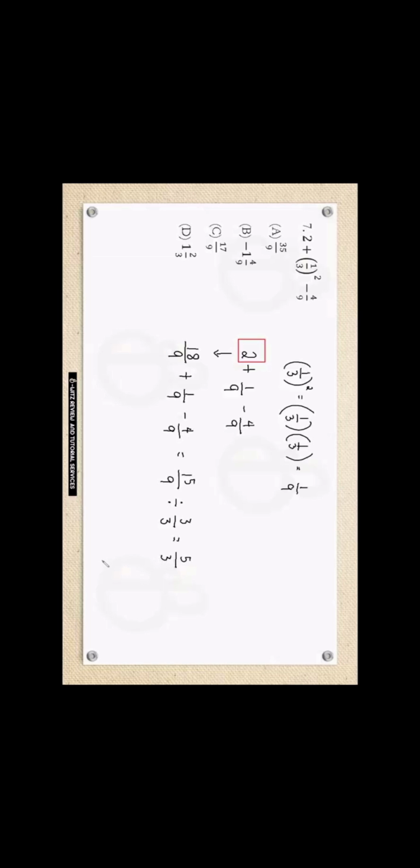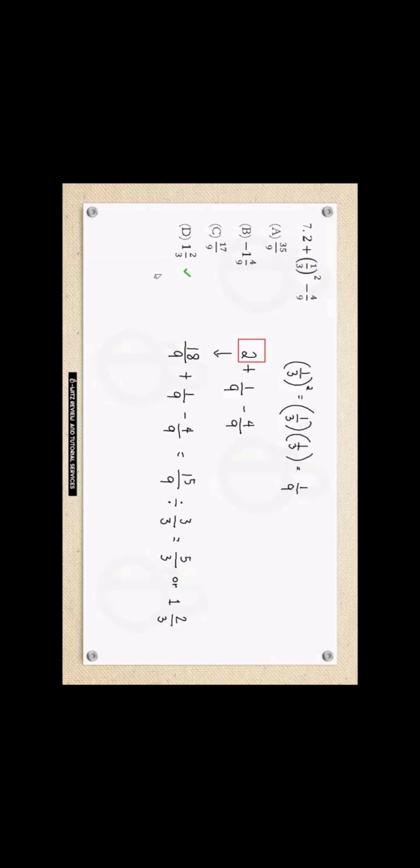So the final answer will be 5 over 3, and its mixed number form will be 1 and 2/3. So the correct answer here will be letter D.